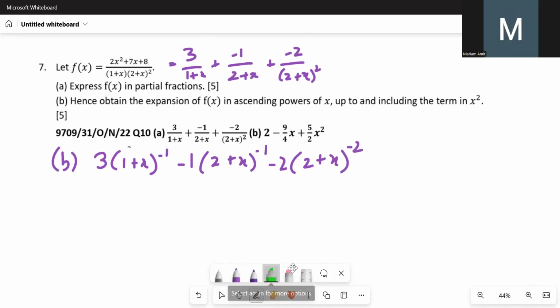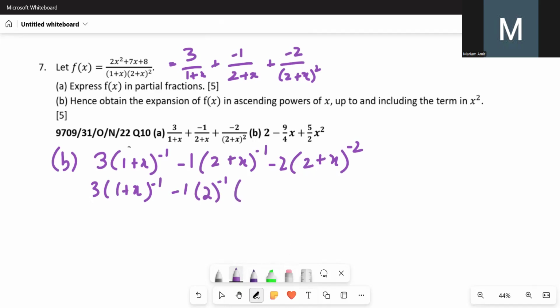First we'll have to change these into 1 by taking 2 common. So this stays the same. Taking 2 common, it becomes 2 to the power negative 1, and then (1 plus x over 2) to the power minus 1. And then minus 2, again taking 2 common, it gets a power of negative 2, and then (1 plus x over 2) to the power minus 2.